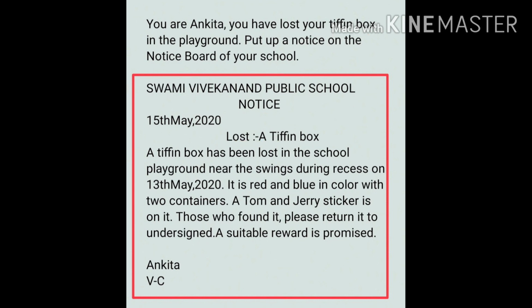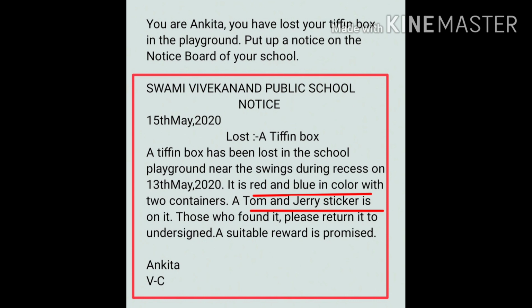Just see the content. First thing, I told you in the content you need to write what is lost. So here it is written, a tiffin box has been lost. Now where it is lost, the place is also given, in the school playground near the swings. Then when it is lost, on 13th May. After that, its identification is also given, with the color red and blue, and two containers are there.